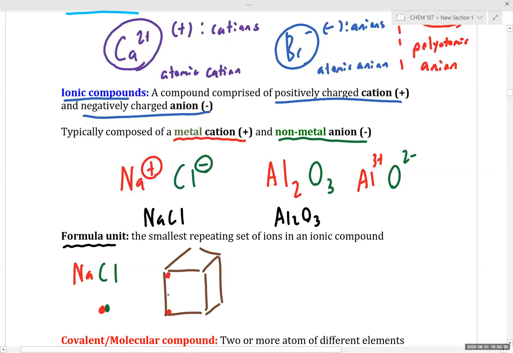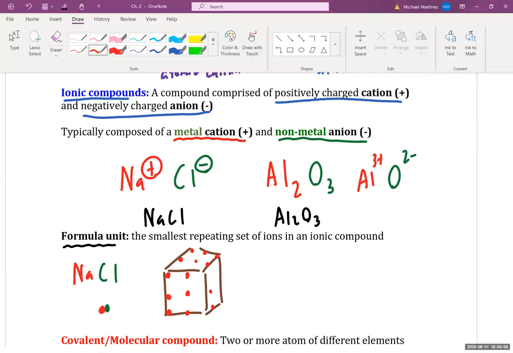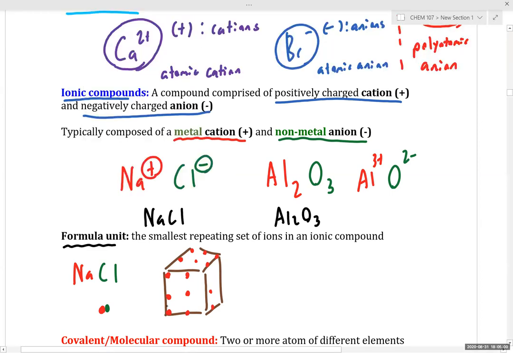So we take our common repeating unit of sodium and chloride, and we repeat this unit multiple times, millions upon millions of times, and these lattices, these repeating structures containing our cation and our anion, are what make up our ionic compounds.